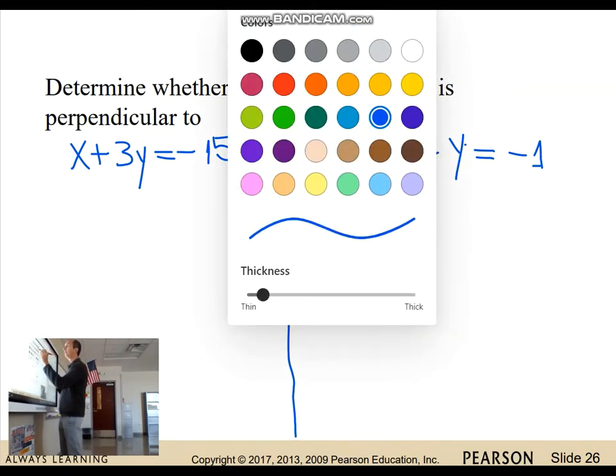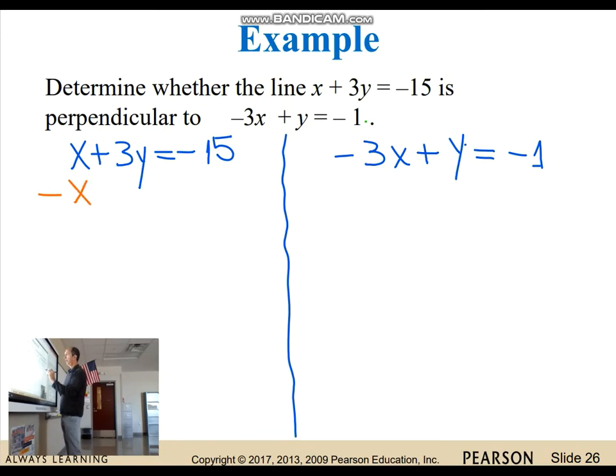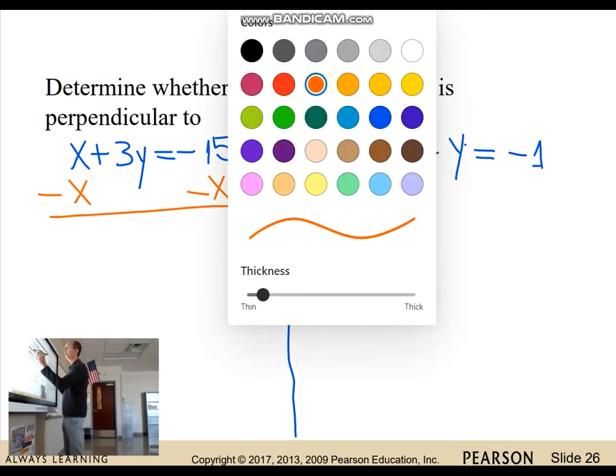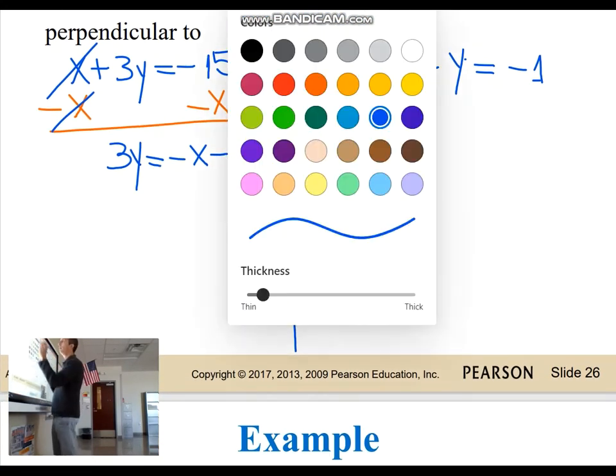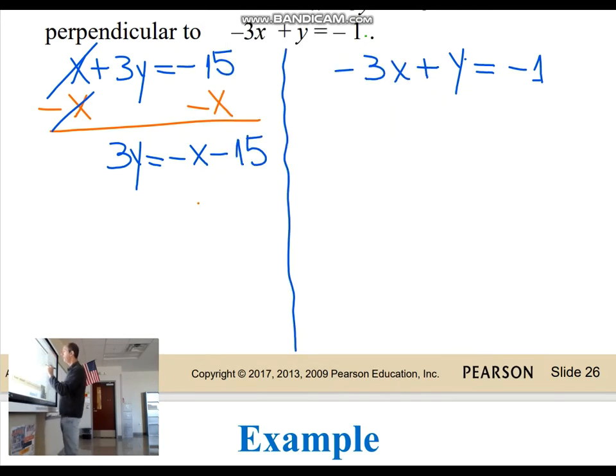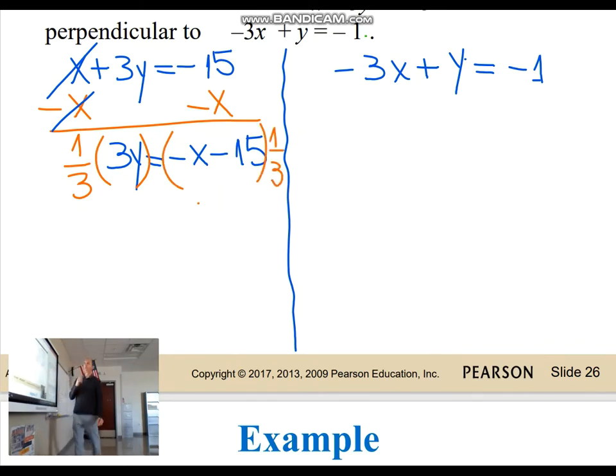On the left-hand side, add negative x on both sides, and then you will have 3y equals negative x minus 15. Then you can now apply the multiplication property of equality and multiply both sides by 1 over 3.